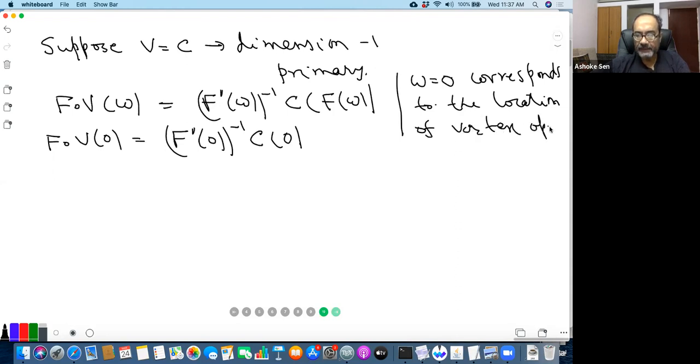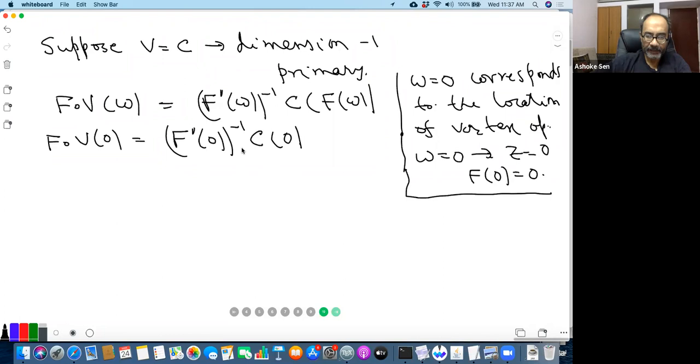So if in the z plane we are inserting the vertex operator at z equal to 0, which we can always achieve by SL2, then w equal to 0 should map to z equal to 0. Which basically means that f(0) should be 0.